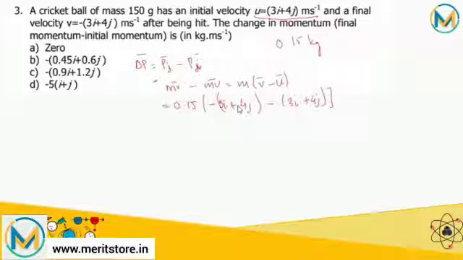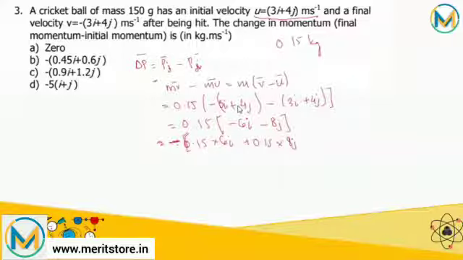Now the signs are both minus, so we have to calculate it together. That is 0.15 times minus 3i minus 3i, that becomes minus 6i, and 4j minus 4j, that becomes minus 8j. Okay, now I have to multiply the 0.15 inside the bracket. Let's take minus common outside. So it is minus 0.15 into 6i cap plus 0.15 into 8j.